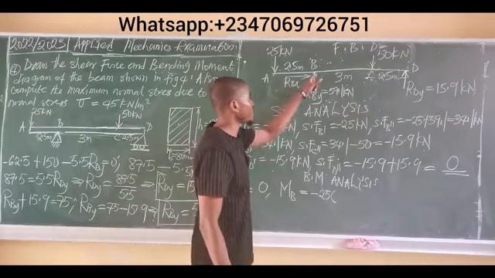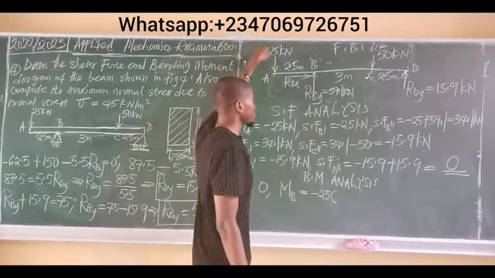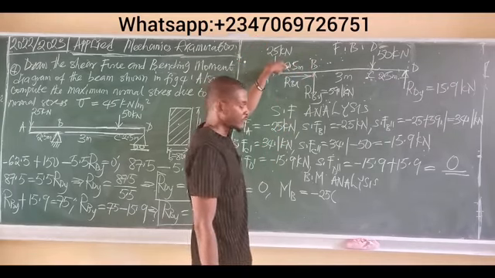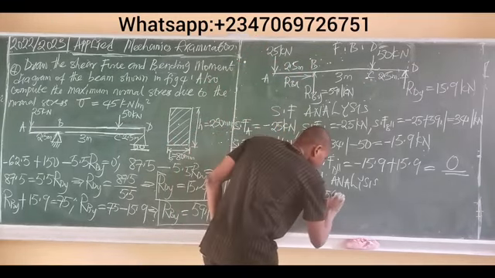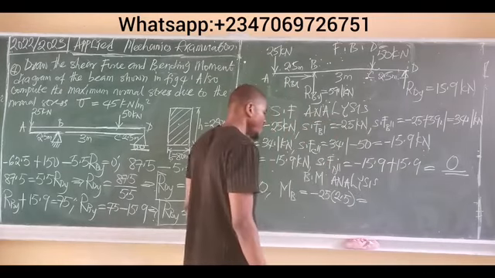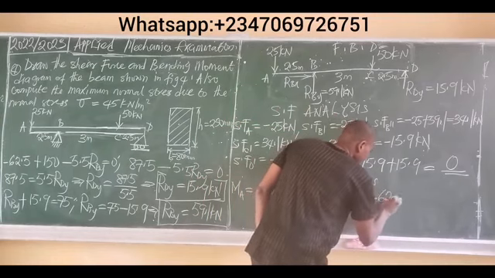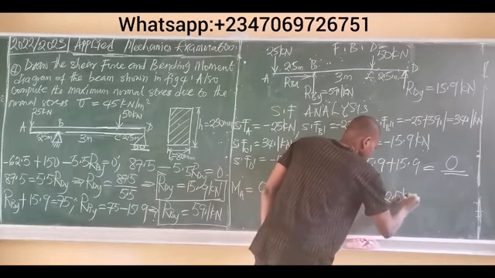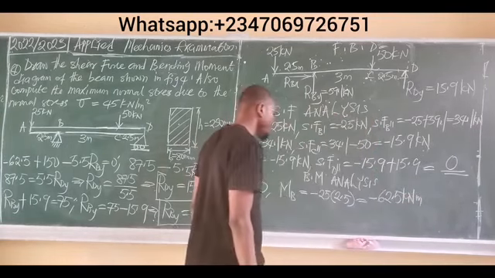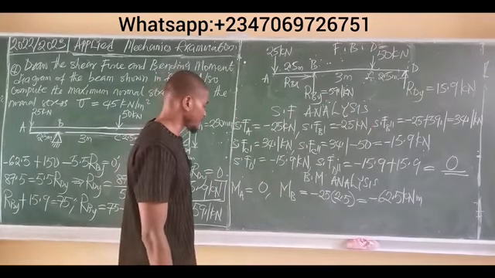Since I'm taking moment at point B, the moment of this force becomes 25 times the total distance it takes this force to get to point B, which is 2.5. So I have minus 25 times 2.5, which simply gives us minus 62.5 kilonewtons meter. So the moment at point B is minus 62.5 kilonewtons meter.